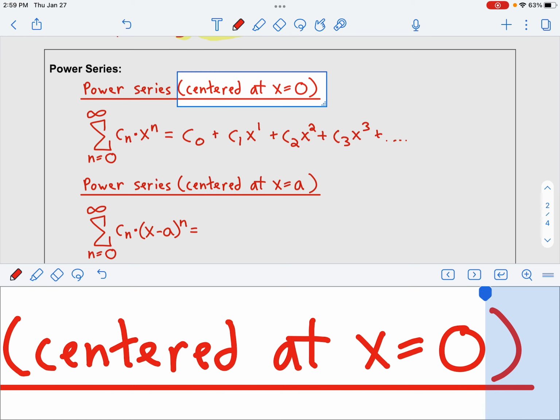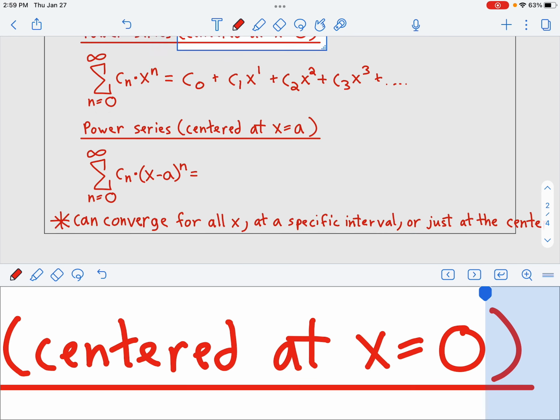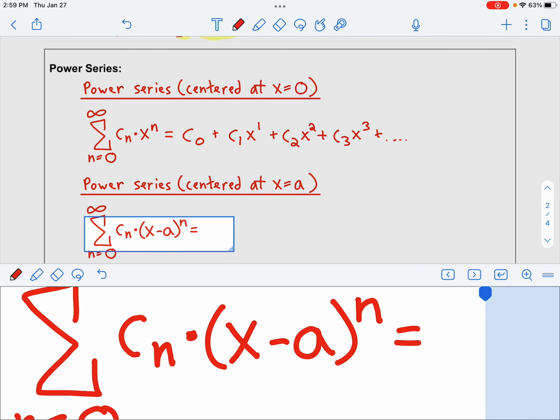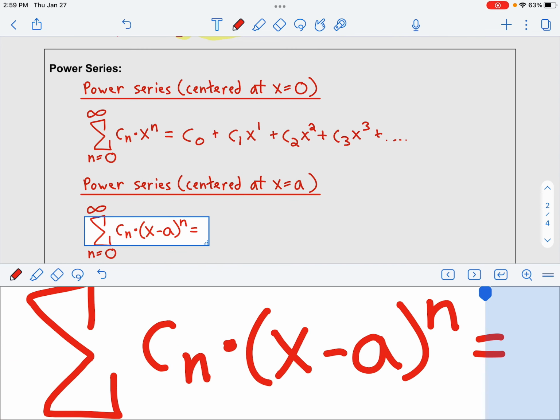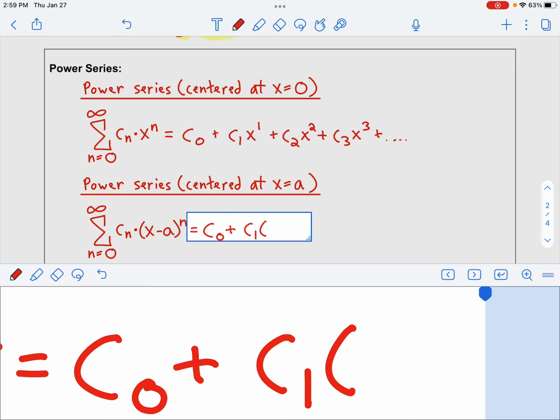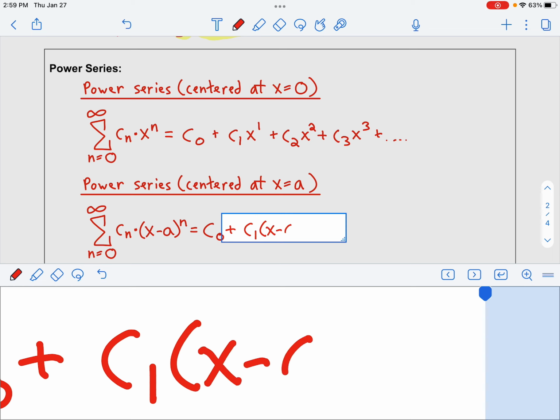Now, what does it look like when it's not centered at 0? When it's centered at x equals a, basically you're going to notice a sort of phase shift in your setup. Like the last example we looked at had the x plus 4. Here it's a similar idea: x minus some value a. The terms are set up the same way. Plug in 0, the first term is c sub 0. Plug in 1, I get c sub 1 times x minus a.